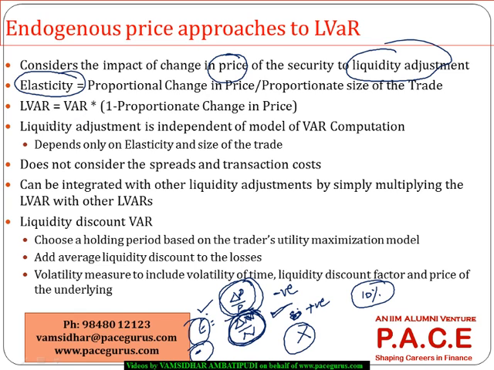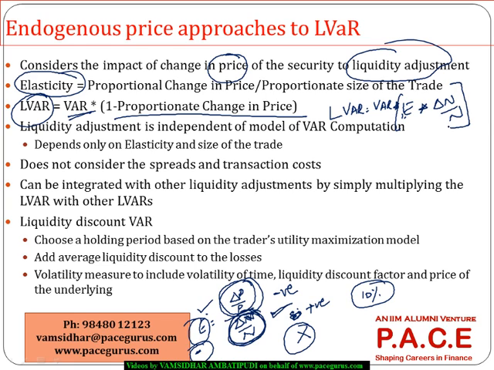So whenever I am trying to compute the LVAR, all I am saying is VAR times 1 minus the proportionate change in price. So what is the proportionate change in price? The elasticity times delta n by n. So I'll write LVAR is equal to VAR times 1 minus this.